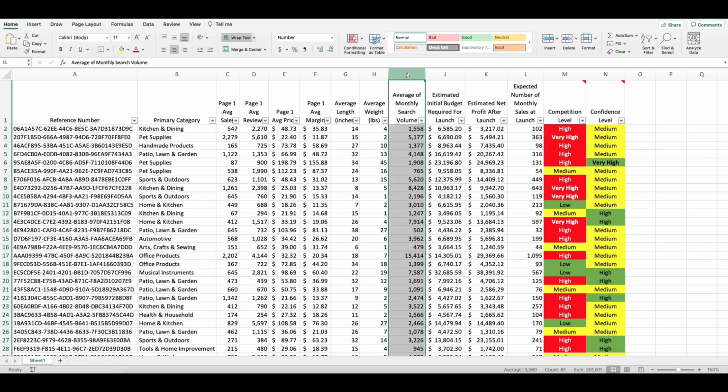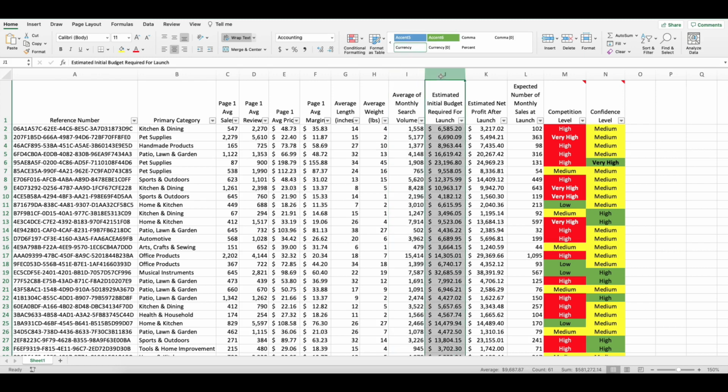Column I is the average monthly search volume for the product idea. Column J is the estimated initial budget required for launch.